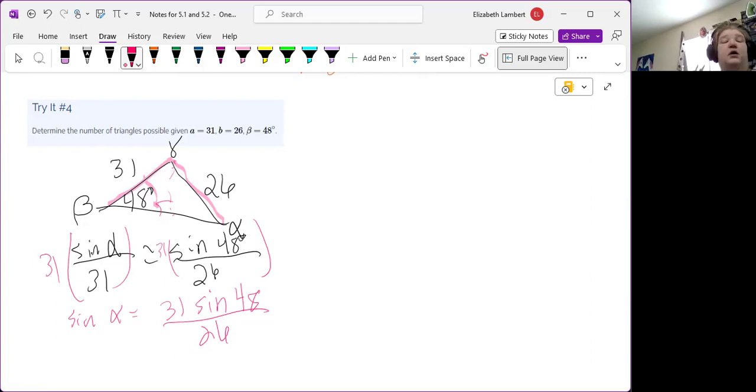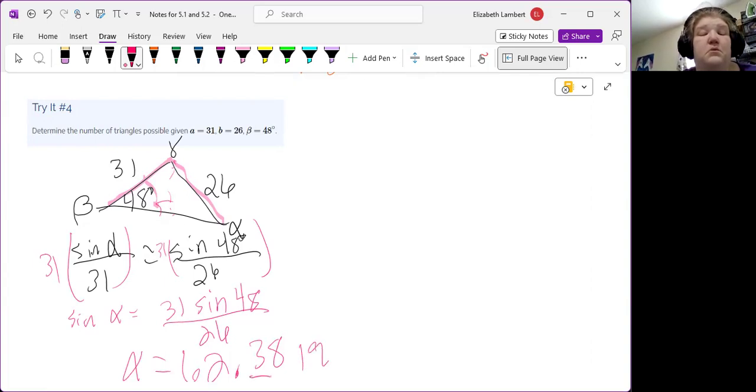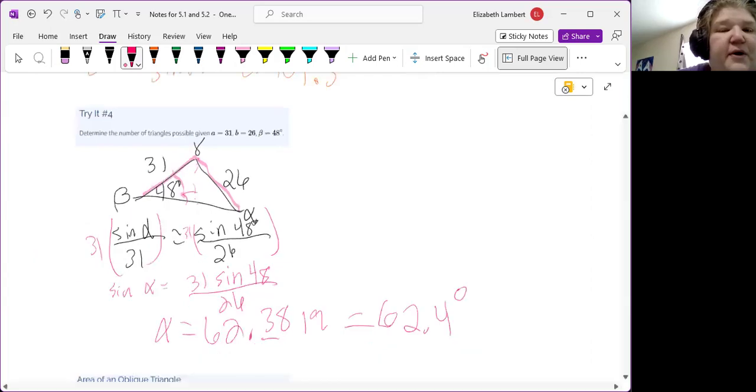And then we're going to take the inverse sine of 31 sine 48, close that one, over 26, close that one. That gave us 62.4.